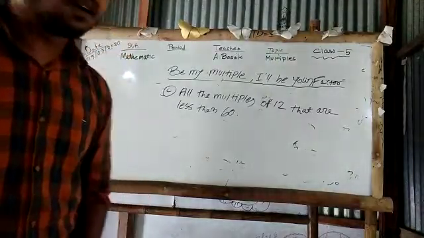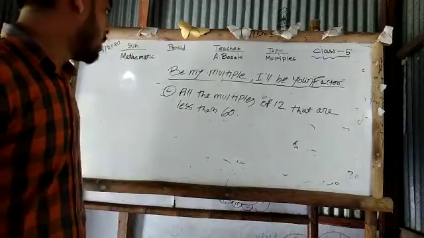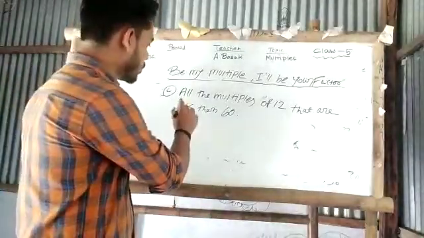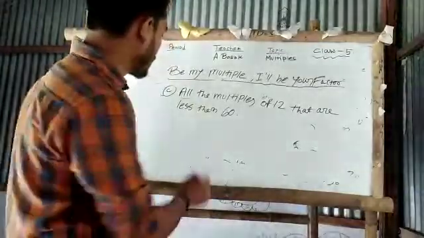Hello students, so this one is the last question from this chapter for today. So the question is, all the multiples of 12 that are less than 60.